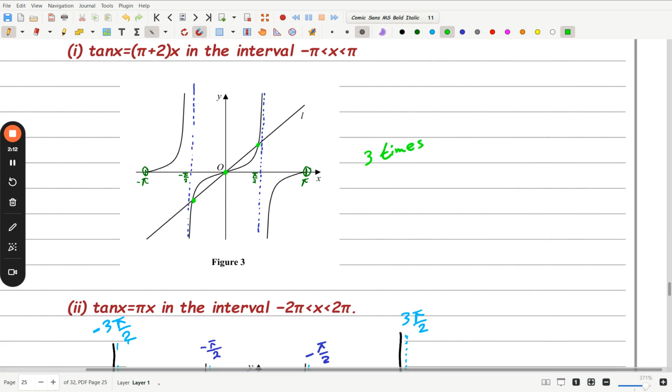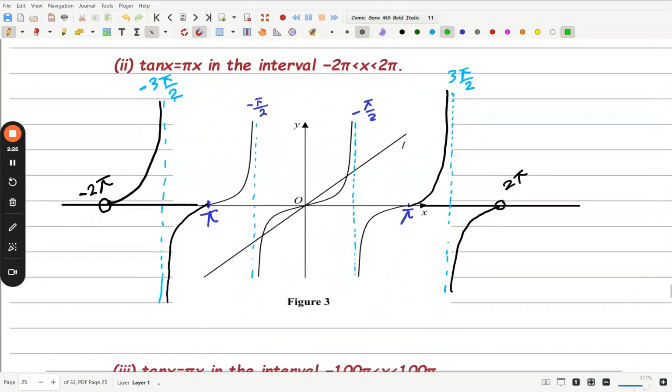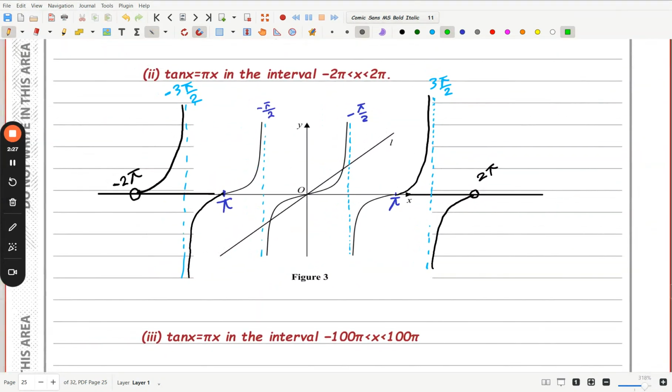Since pi over 2 minus minus pi over 2 equals pi, the period is pi. Now for tan x in the interval minus 2 pi to 2 pi, you can see we have vertical asymptotes, and this is the period, period pi.